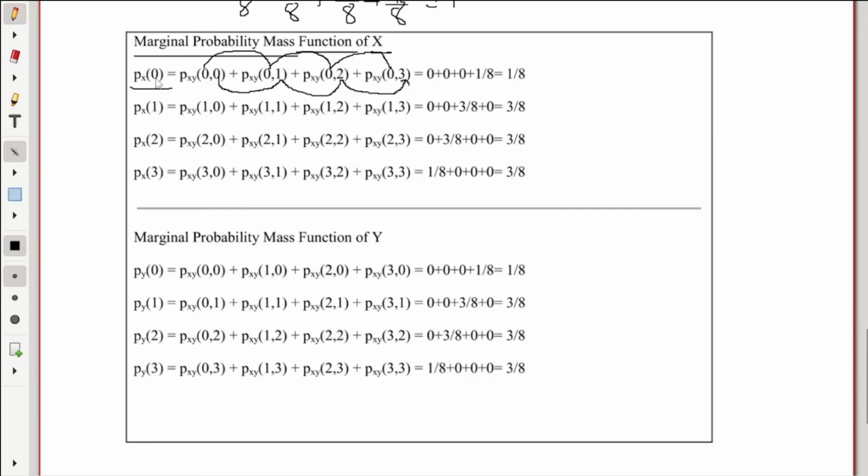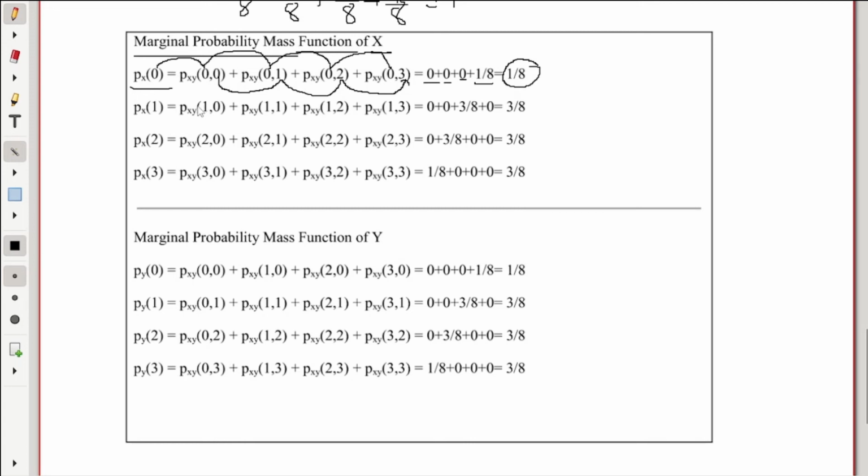The probabilities would be 0, 0, 0 and 1 upon 8, so total 1 upon 8.